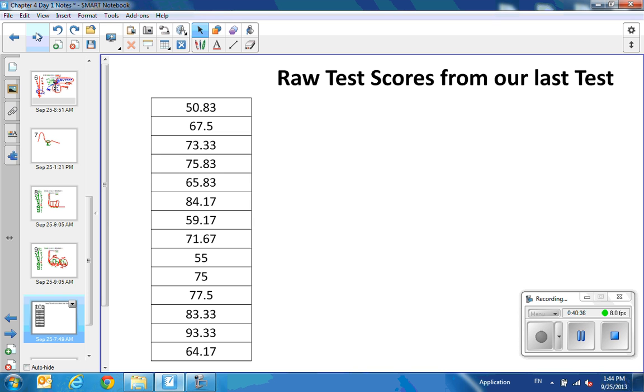I put 100 as the max. Then what bin width do you want? Try 5, just for fun. Sorry, not bin width. It says Xscl. Change the Xscl to 5. Okay, and then hit graph.